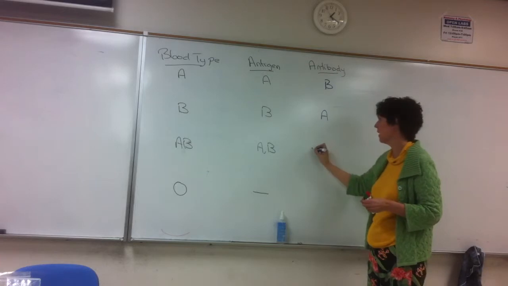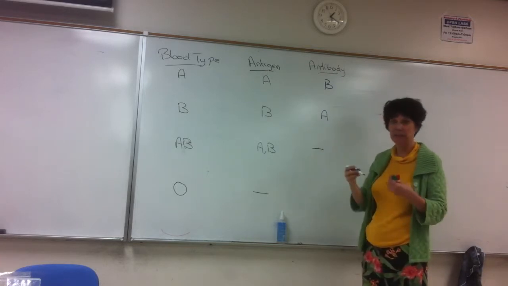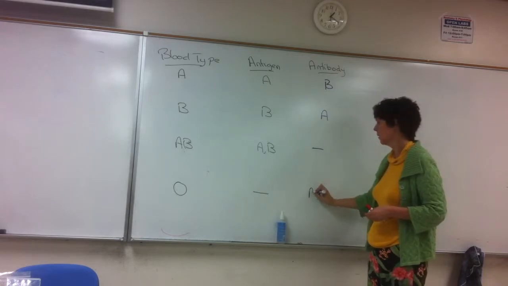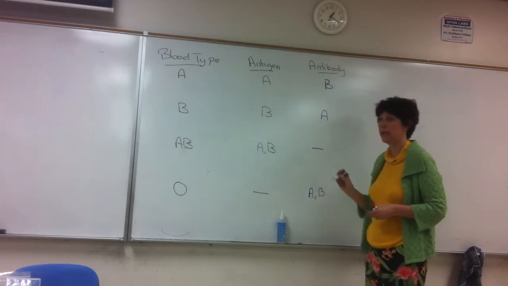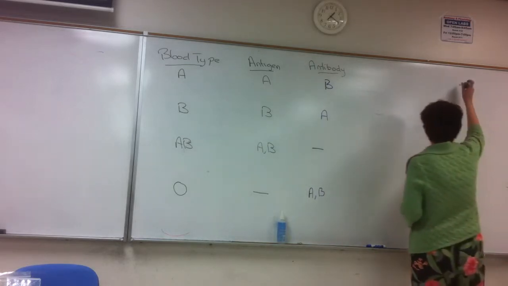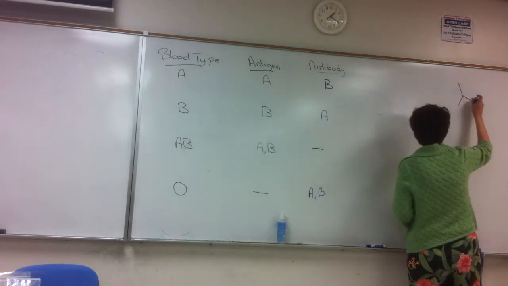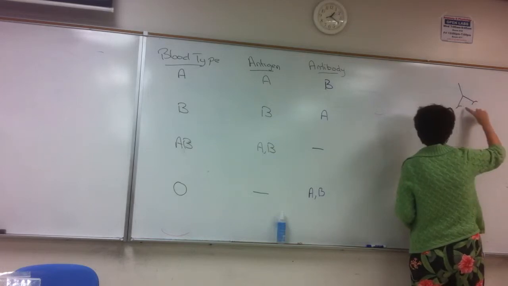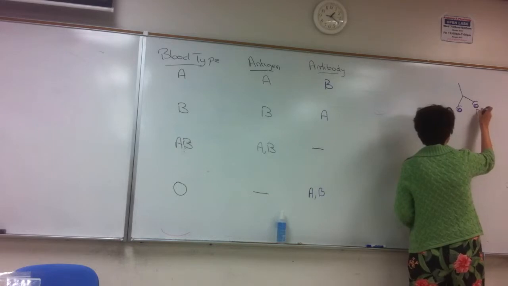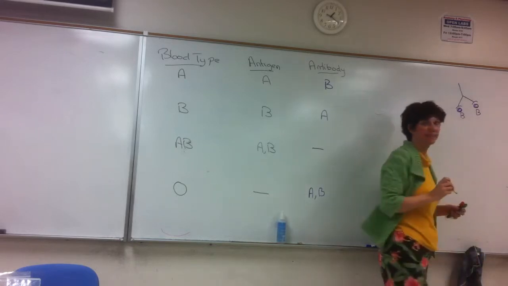If you did, you'd be agglutinating or clumping your own blood cells. If you have blood type O, you have both A antibodies and B antibodies. Again, by saying a B antibody, I'm talking about an antibody protein whose ends of the Y are going to match and bind to the B antigen.